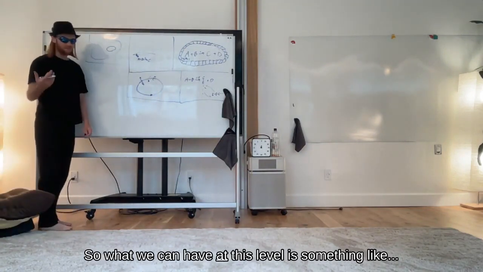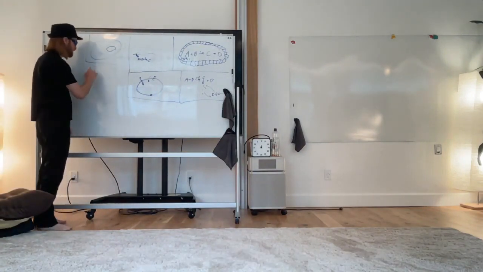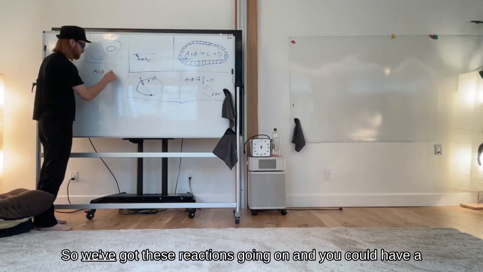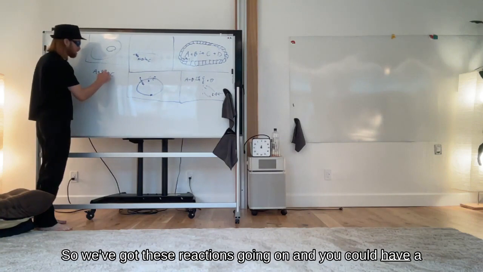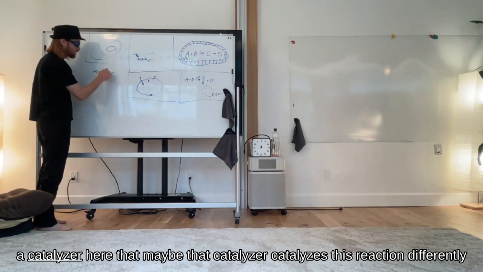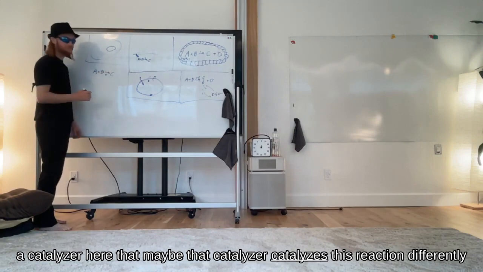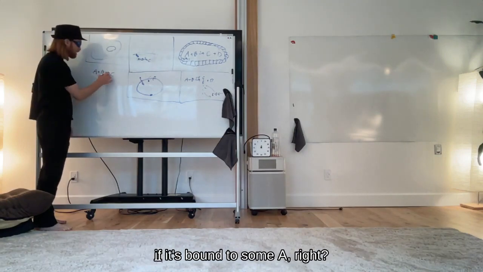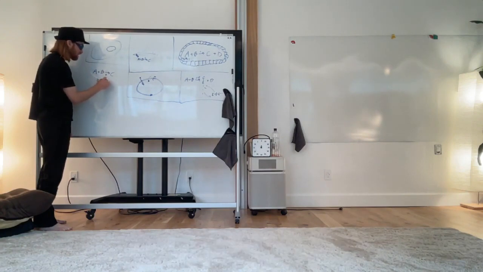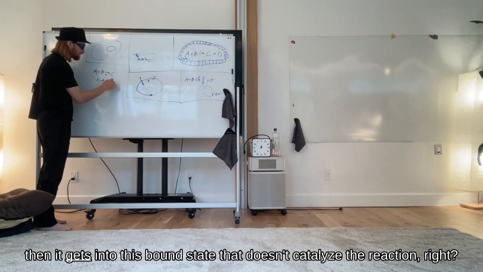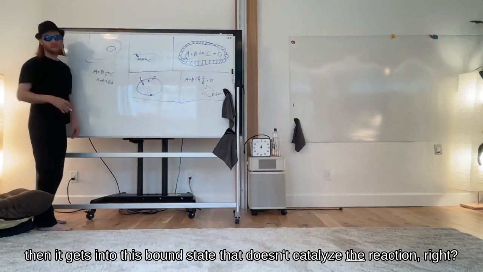So what we can have at this level is something like, we've got these reactions going on, and you could have a catalyzer here that catalyzes this reaction differently if it's bound to some A. So if the catalyzer binds to A, which would be a relatively simple case, then it gets into this bound state that doesn't catalyze the reaction.